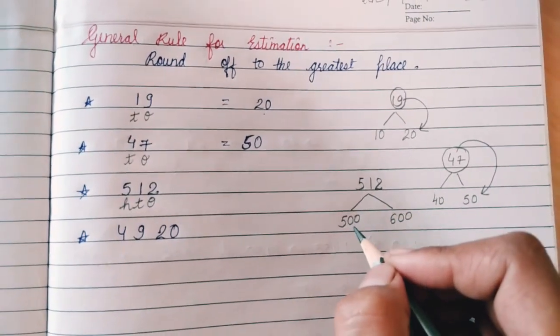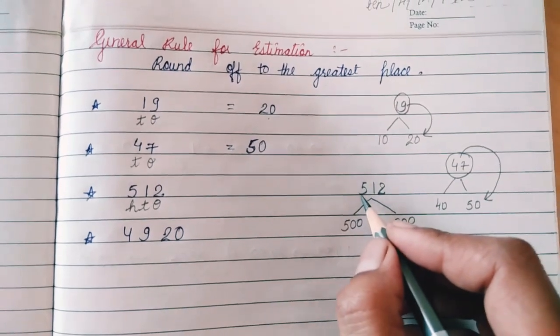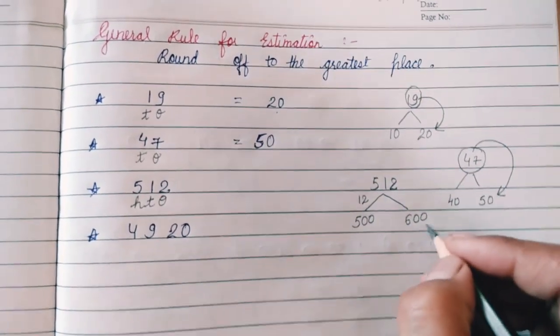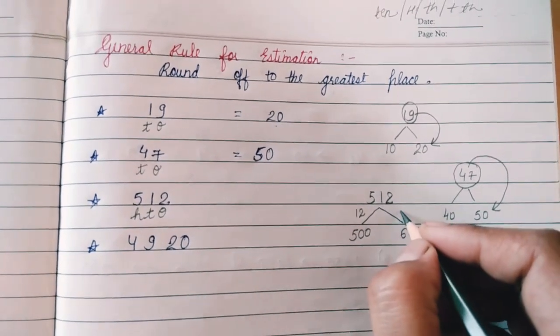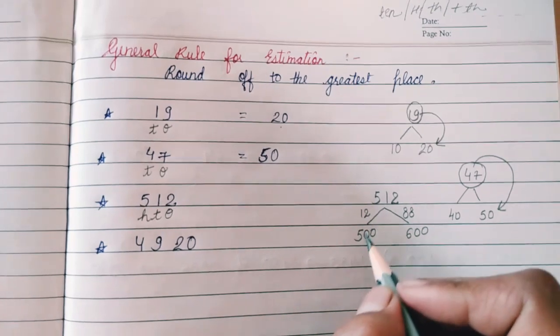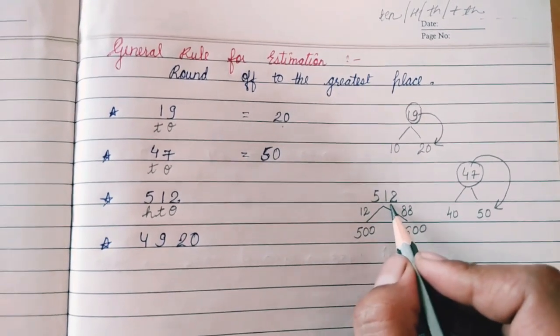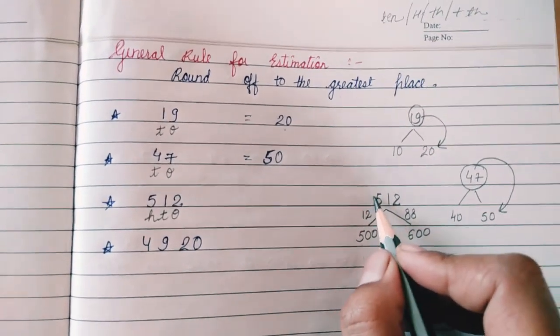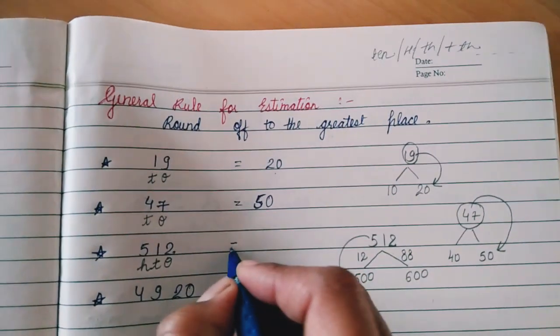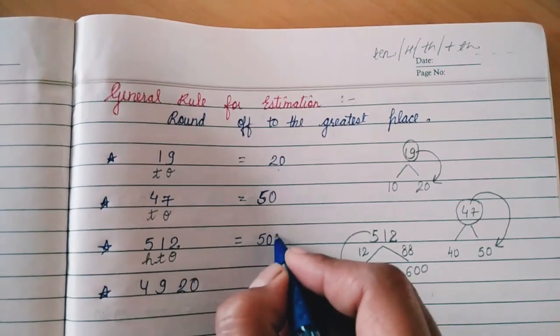You can easily see from 500 we have to take only 12 steps, and from 600 we have to take 88 steps. So 512 is nearest to 500. So 512 will change into 500 according to the general rule.